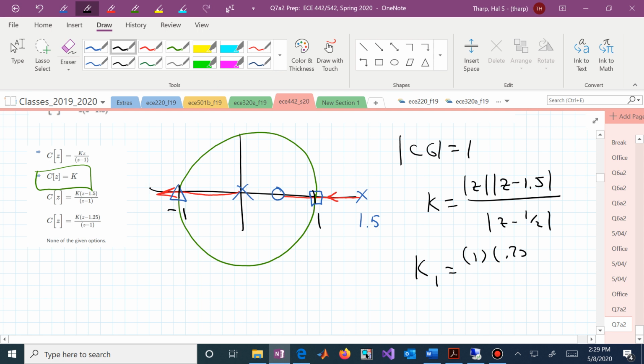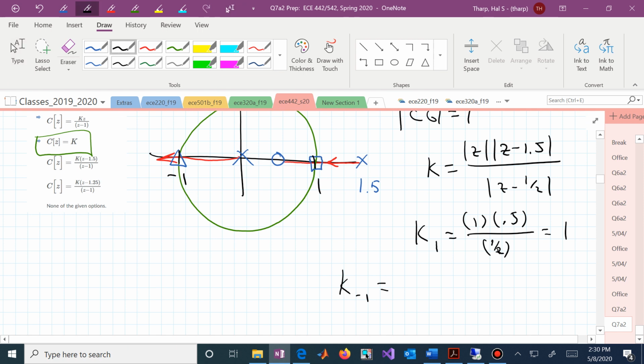This is now 0.75. What am I doing? 1 minus 1/2 is 1/2. And then we divide by 1 minus 1/2, which is 1/2. Worrying about the magnitude only, and this becomes 1. What's the gain at minus 1? We have 1, then we have 2.5, and we then have 1.5.